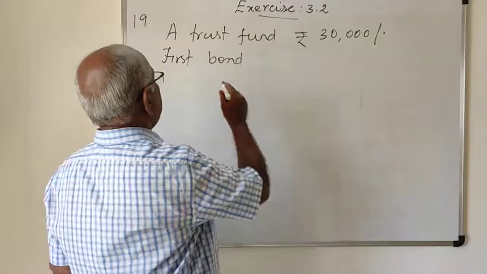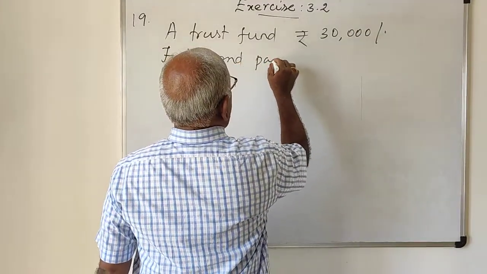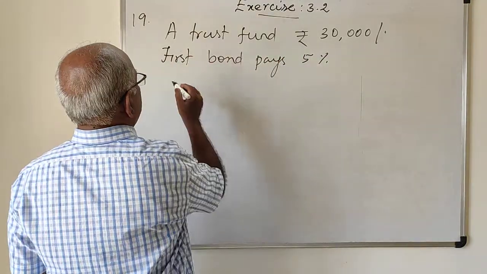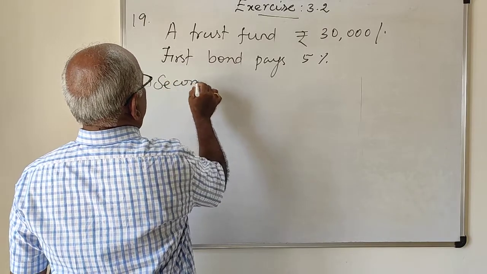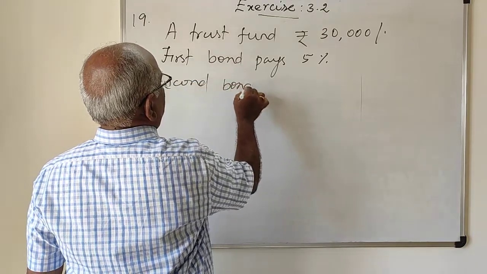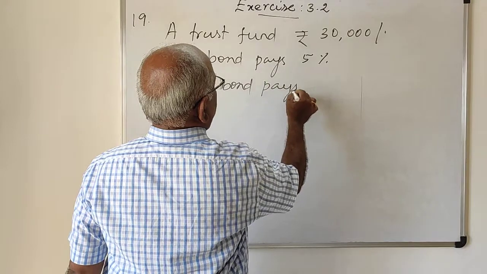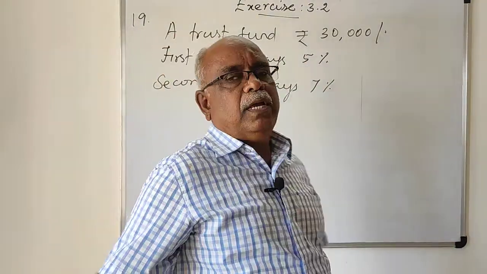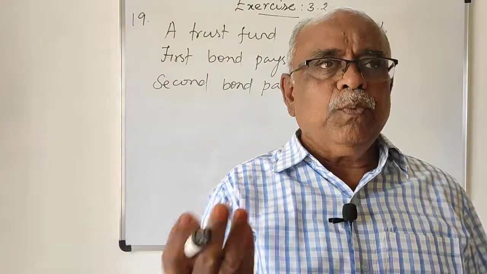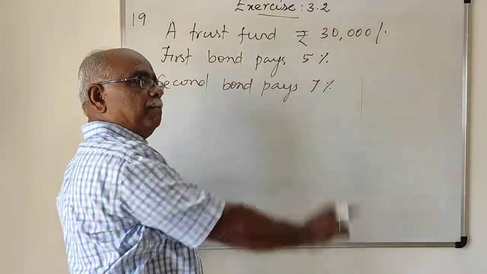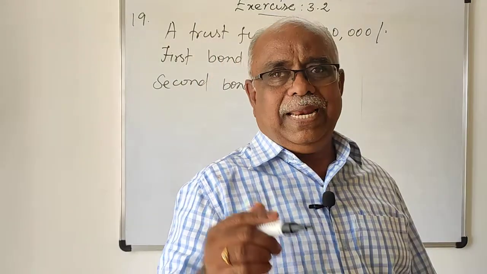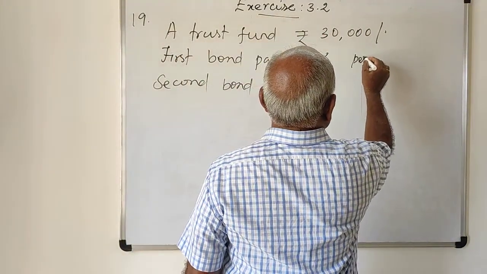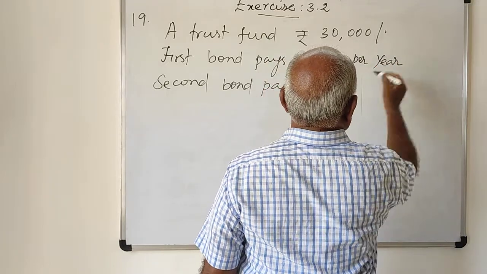The first bond pays 5% interest for the amount, and the second bond pays 7% interest. The amount is distributed in these two different bonds and is invested. This pays 5% interest per year.